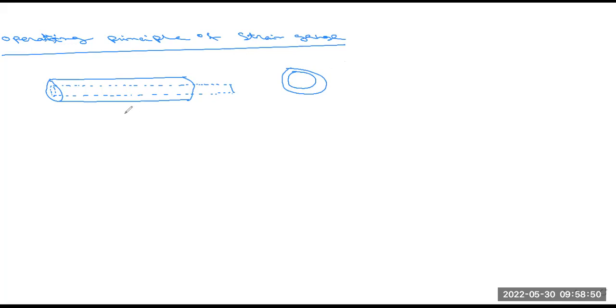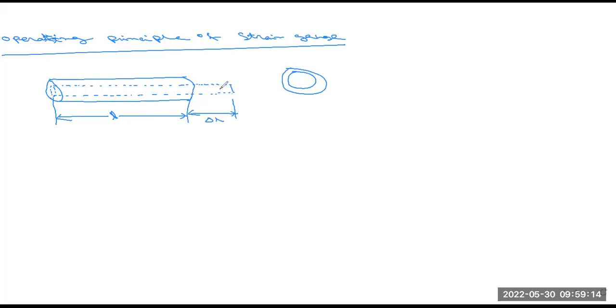So this length is basically small l, and this extra part is delta l.